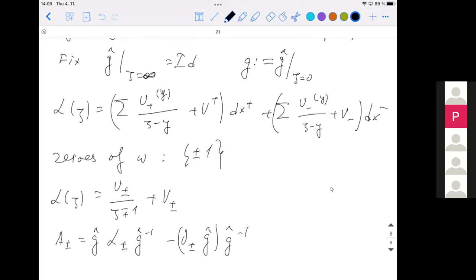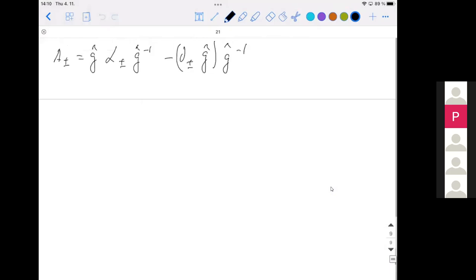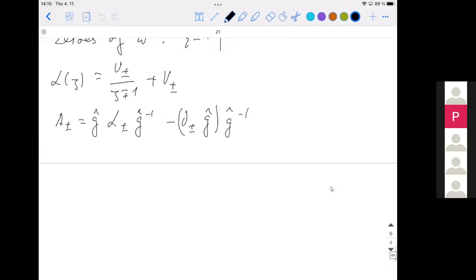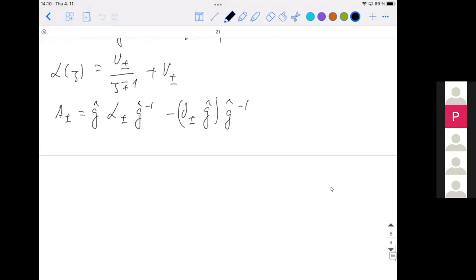And then we also have these boundary conditions on A plus minus.